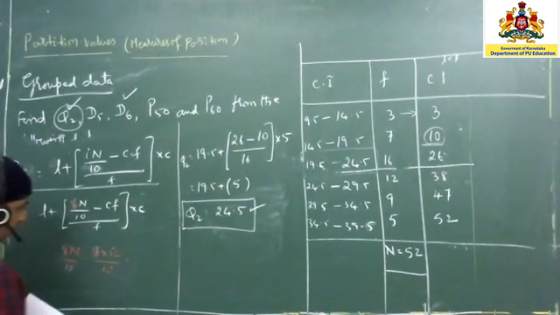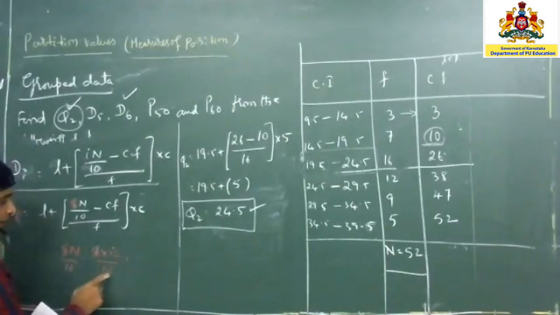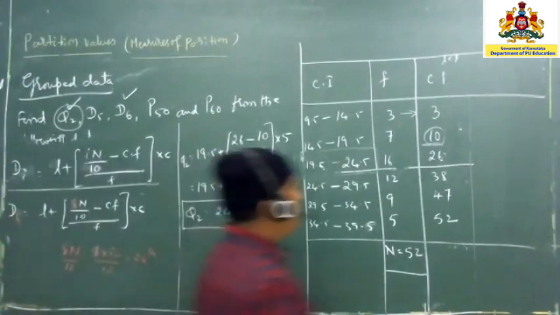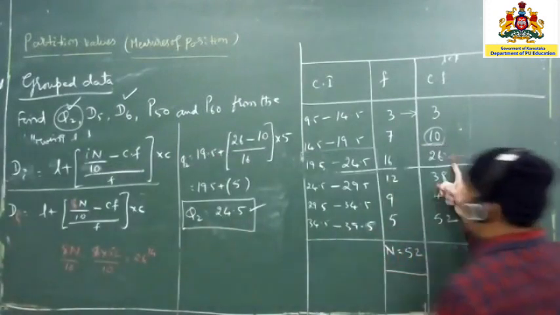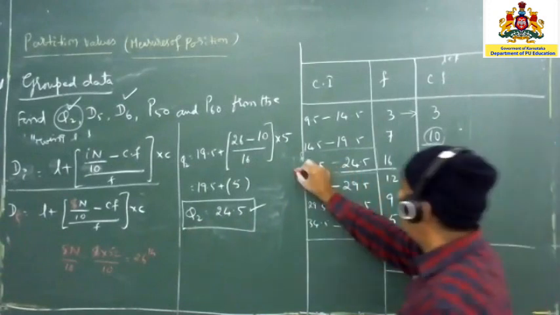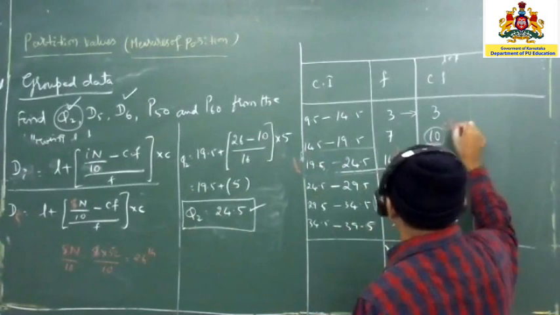Again, 52 divided by 2 is nothing but the 26th value. So where is the 26th value? Again it will be the 26th value only. What is the L? As I said just now, this is going to be the L, this is going to be the F, and this is going to be the CF.